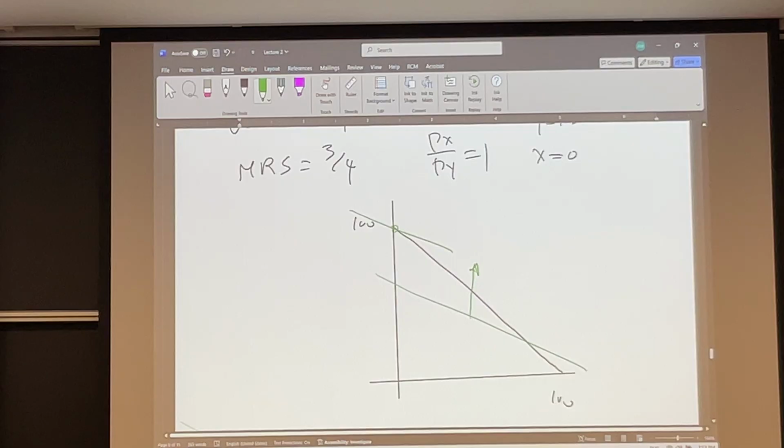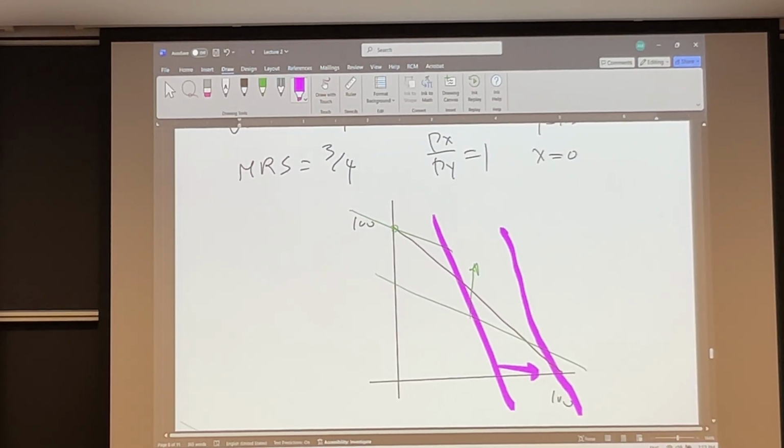That's the solution to that, right? If MRS was higher, say it was steeper, it would have gone all the way to this corner. So depending on MRS, if MRS is less, he just buys Y. If MRS is more, he just buys X. No matter what, you're at the corner. The easiest corner solution is perfect substitutes.